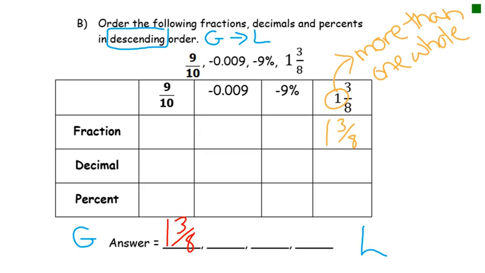Now, what I will pay attention to is the fact that 1 whole is like 100%, or that would be the whole number in front of the decimal. And then I'm just looking at that 3/8 to figure out what the decimal part is, or the part that comes after the decimal.